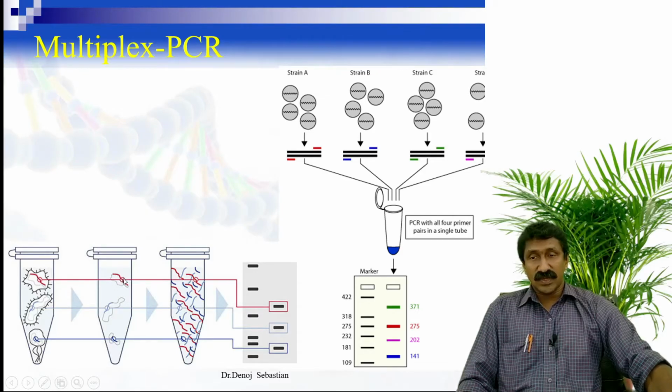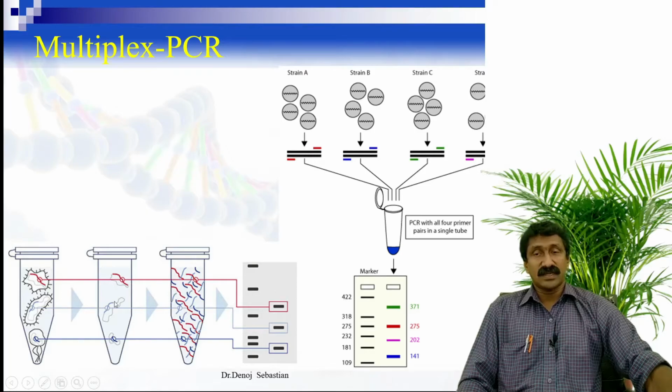You will use specific primers against organism 1, organism 2, and organism 3 in the mixture, and each primer set will amplify its own products. The red one represents one primer product, the blue one may be another product, and the next one may be another product. All the products will be amplified in the same reaction mixture and separated in the gel during electrophoresis. So you will have three different bands.